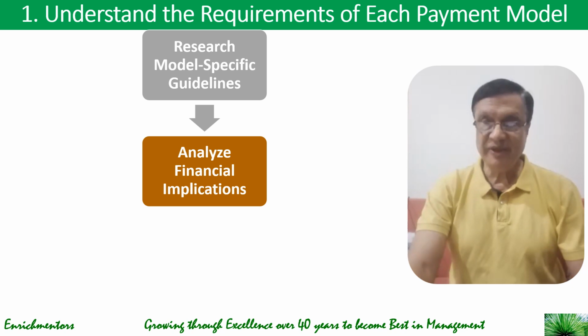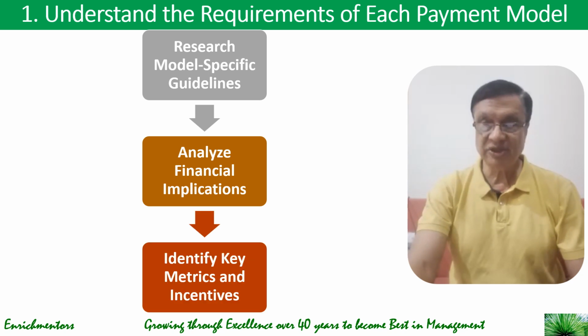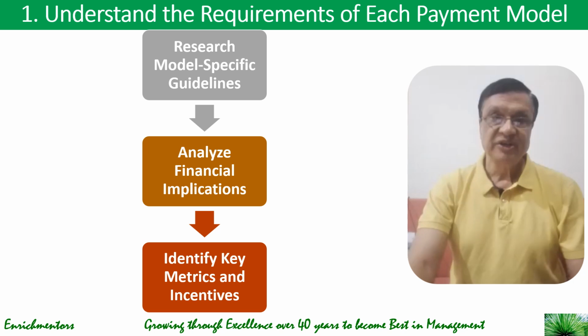Say, value-based models emphasize quality outcomes and patient satisfaction, impacting payment incentives. And third thing will be to determine the quality and performance metrics that influence reimbursement in each model, like readmission rates, patient outcomes, or preventive care benchmarks. So, like this, you need to identify the key metrics and incentives.